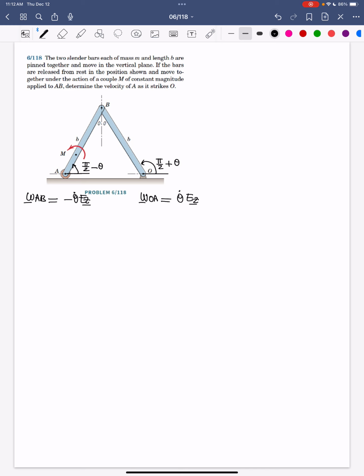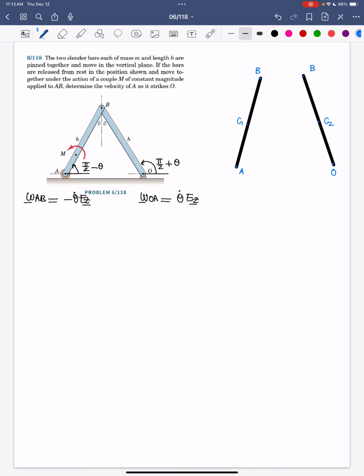So now if I'm looking at each bar on its own, let me draw the free body diagram of each bar. So this is a bar, and this is another bar. We have the points A, B, B again, and O. I'll need to apply the weights at the centers of mass, so maybe I'll call this C1, C2.